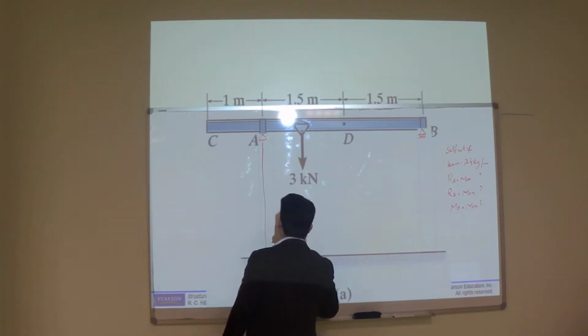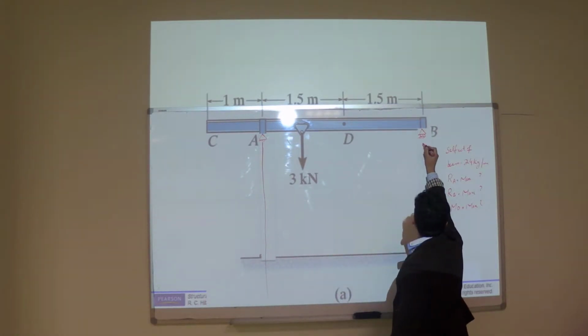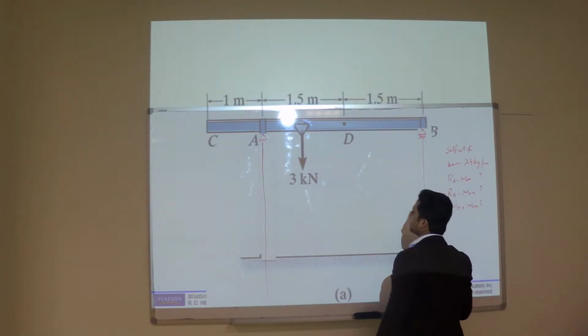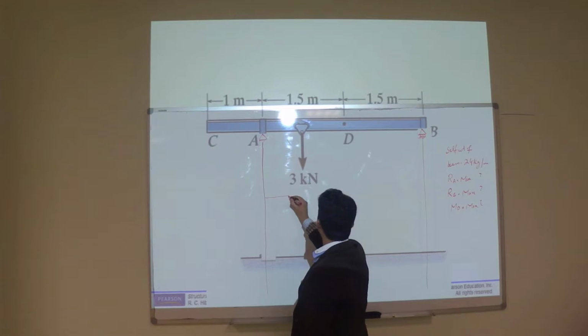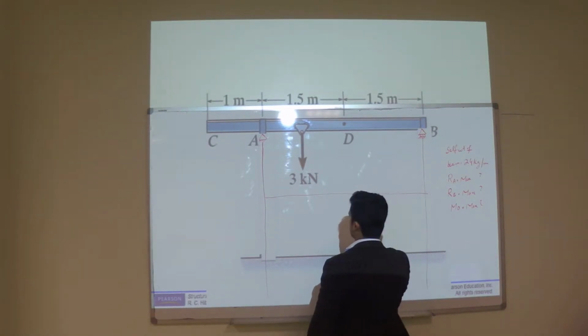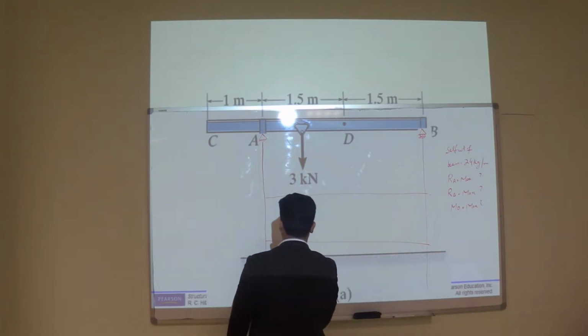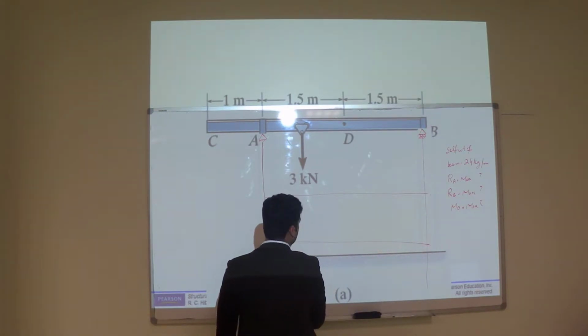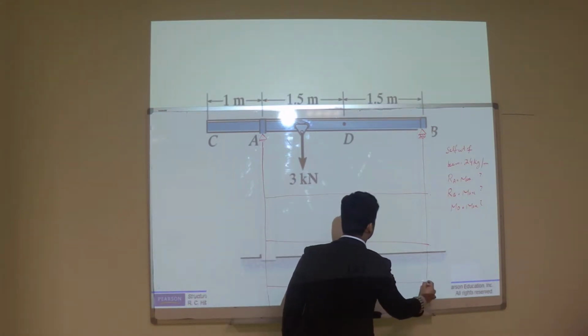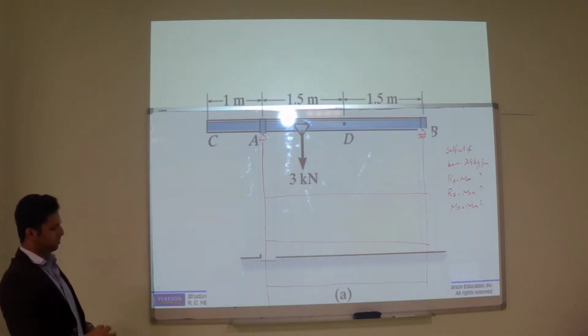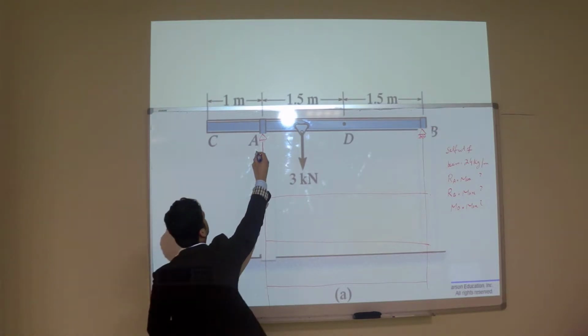I think now you are expert in drawing the influence line diagrams. This is for RA, and this is for RB, and this is for the moment. So first of all, you can consider a reaction here.